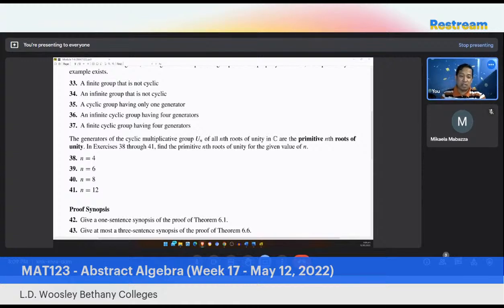Ano ba yung conjugates na partner niya, Micaela?